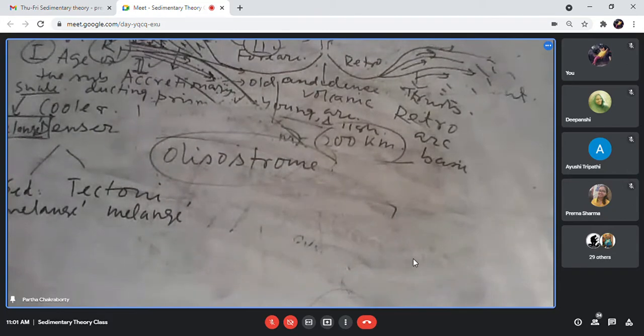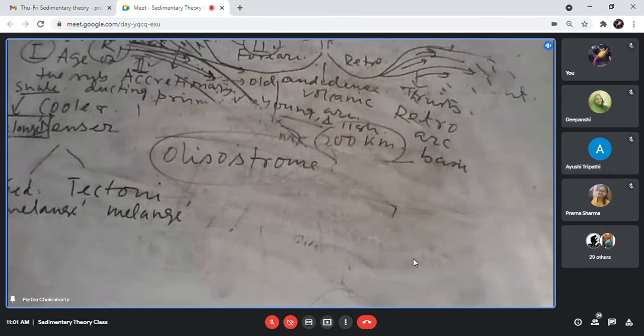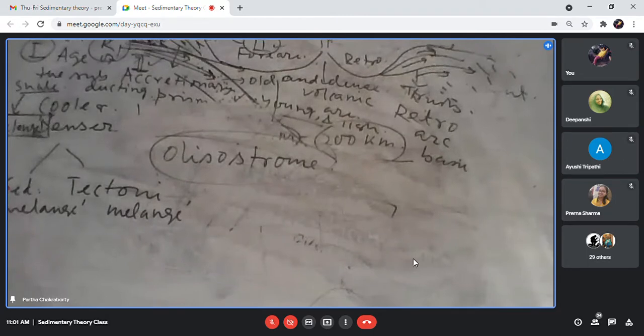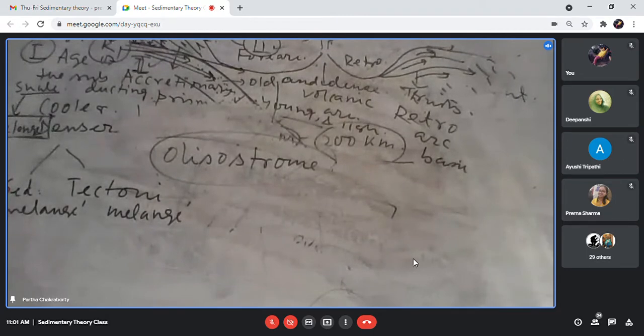Now, I have also marked some outer arc basin. Now, what is outer arc? Outer arc is the scraped oceanic crust. As subduction goes on, from the downgoing plate the oceanic crust gets scraped and emplaced right onto the downgoing slab.